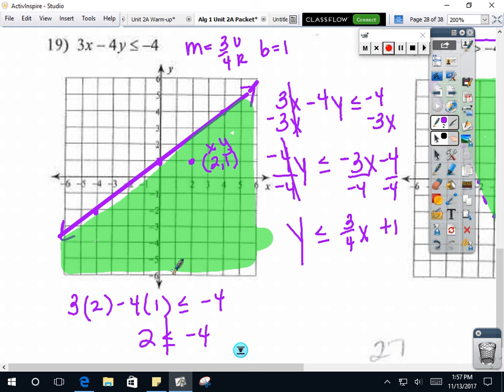He got it. You get candy at the end. Look, right here, we divided by a negative. So we should have flipped that sign, meaning we should have shaded over here. Okay? It's okay. So does everybody see, though, that if you don't shade correctly, your point will not work? Yeah.